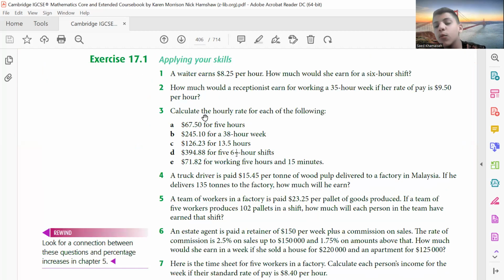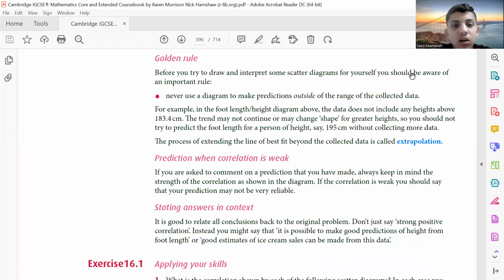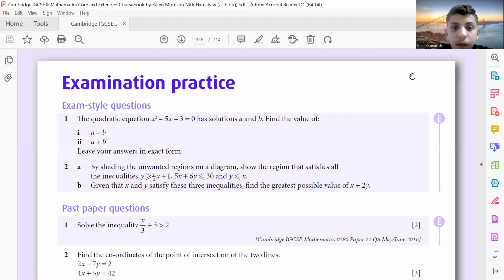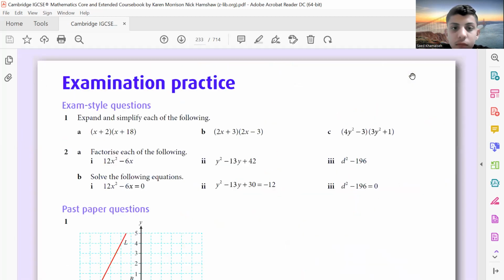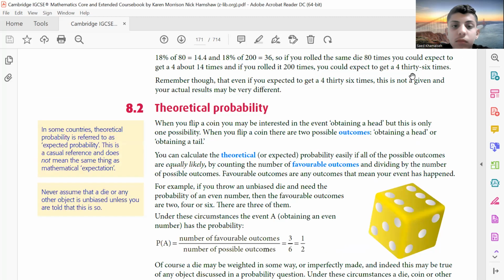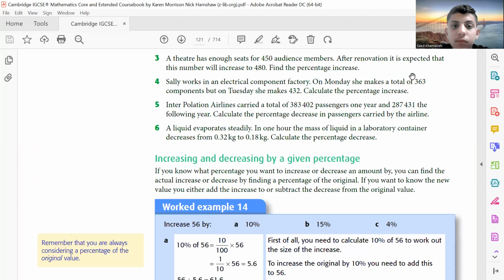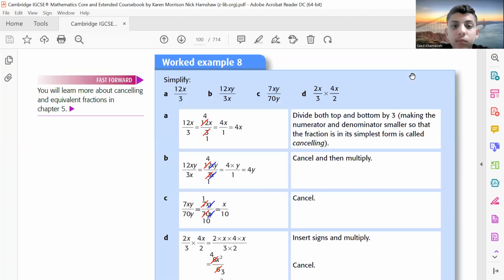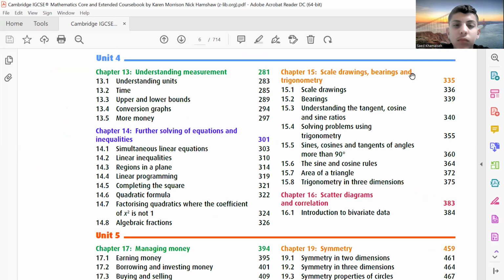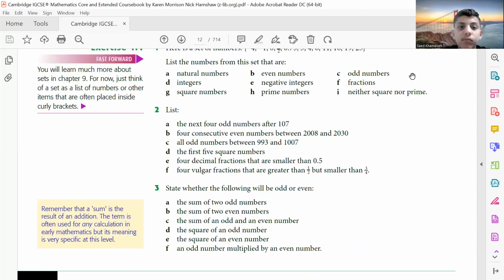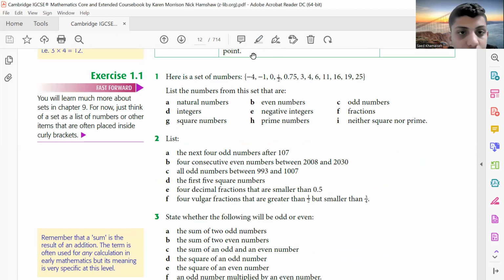Now let us go back. So when they say it, they say negative 4, negative 1, 0, a half, 0.75, 6.